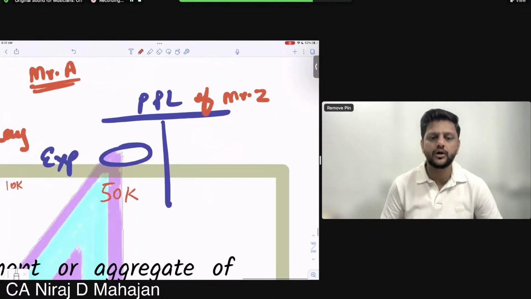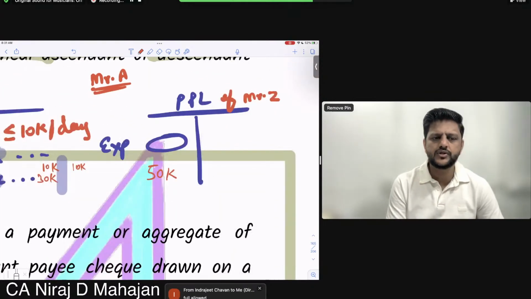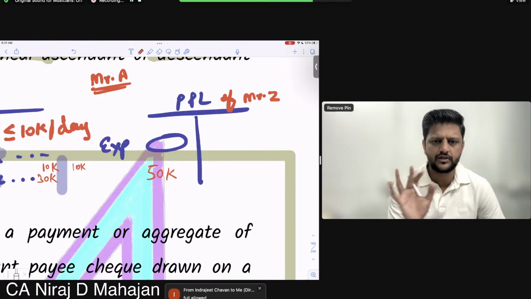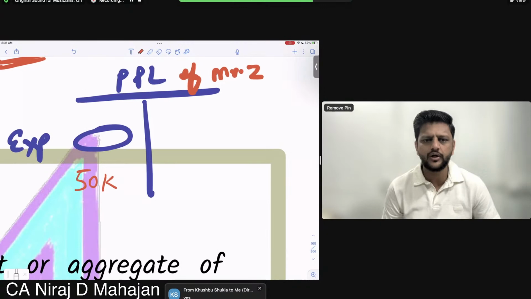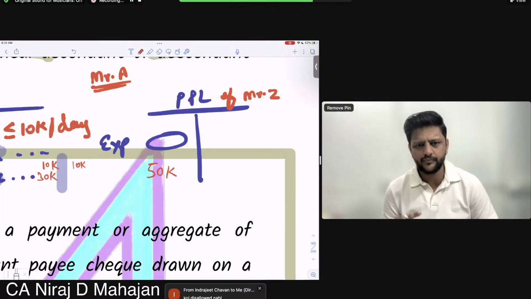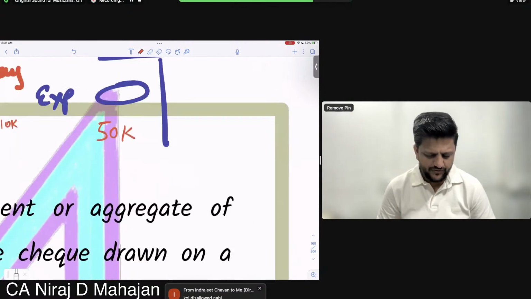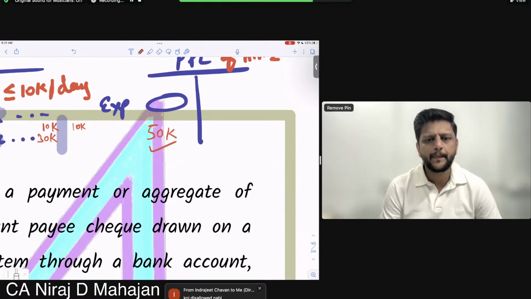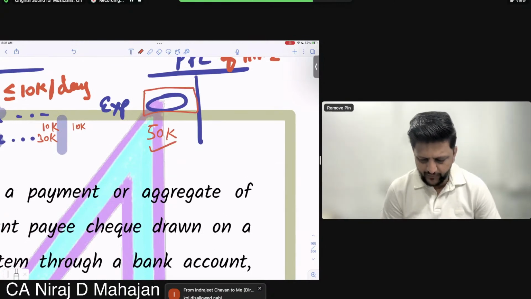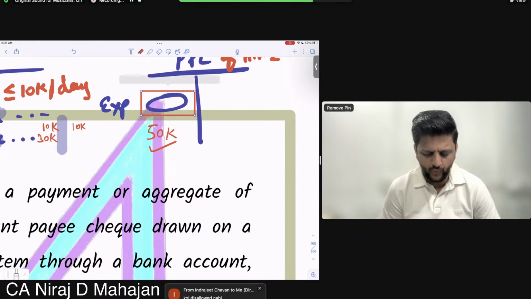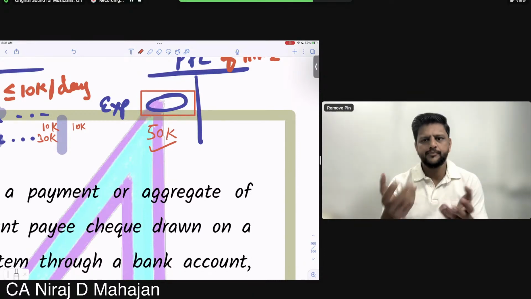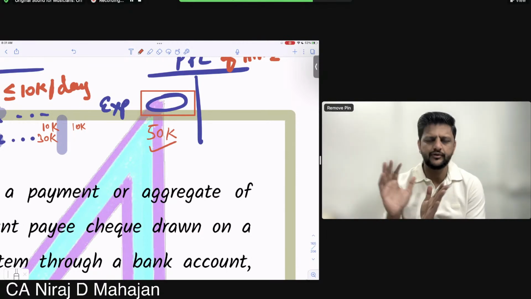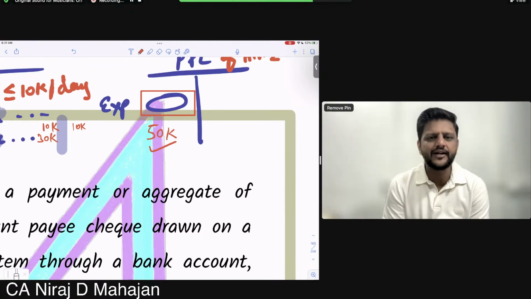In your earlier example, 20,000 is disallowed means obviously 30,000 is allowed. Now, allowed, disallowed means what? Pay attention. This 50,000 is already debited. When I did the accounting entry, I did the P&L debit item. So it is already allowed. Allowed means that 50,000 is in P&L debit.